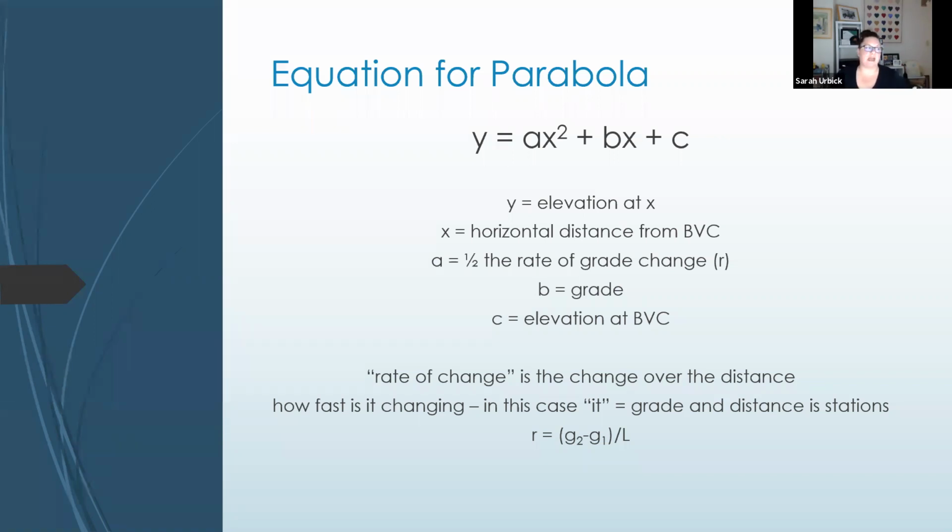What is going to be the average slope? B is going to be our initial grade. And C is going to be our elevation measured from our datum. Remember that word? That's been a few weeks back. It's going to be our elevation at our beginning of vertical curve. Okay. So that is the formula we're going to be using. The variables we're going to substitute into that formula.